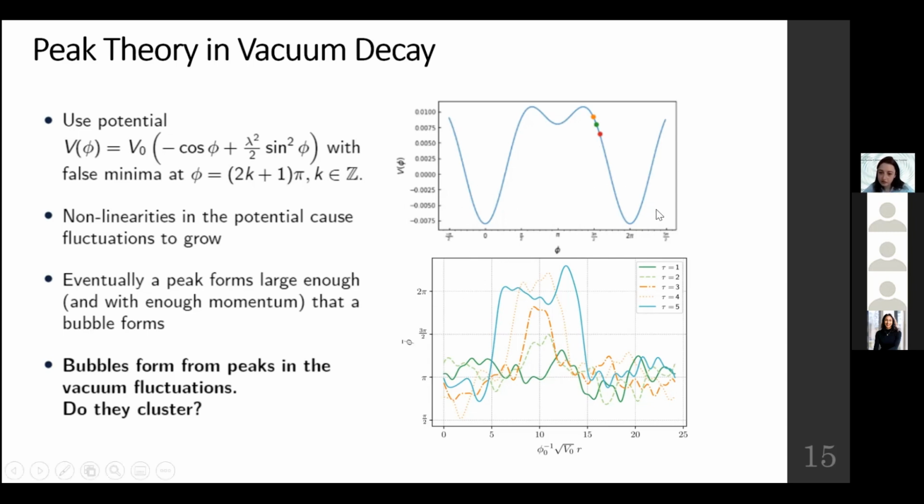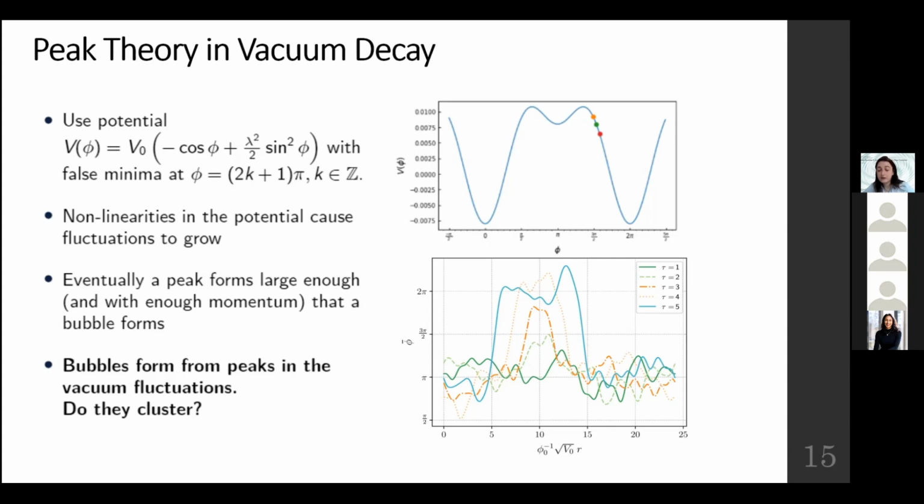Of course, we see that there are 2 choices of true vacuum, and this will motivate us to look at the correlation function between bubble nucleation sites of bubbles that decay to either side, or oppositely between bubbles that decay to opposite wells, true vacuum states.